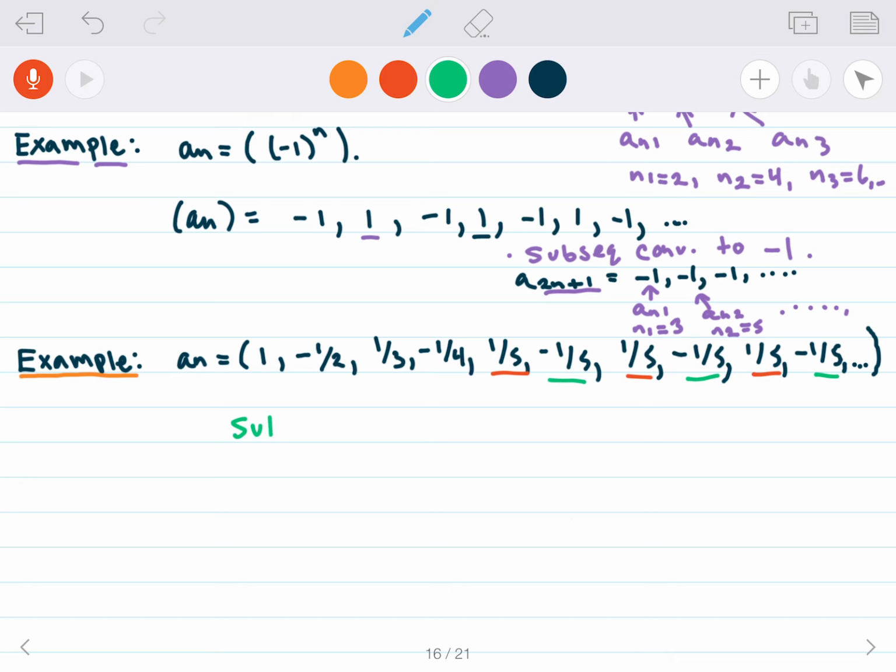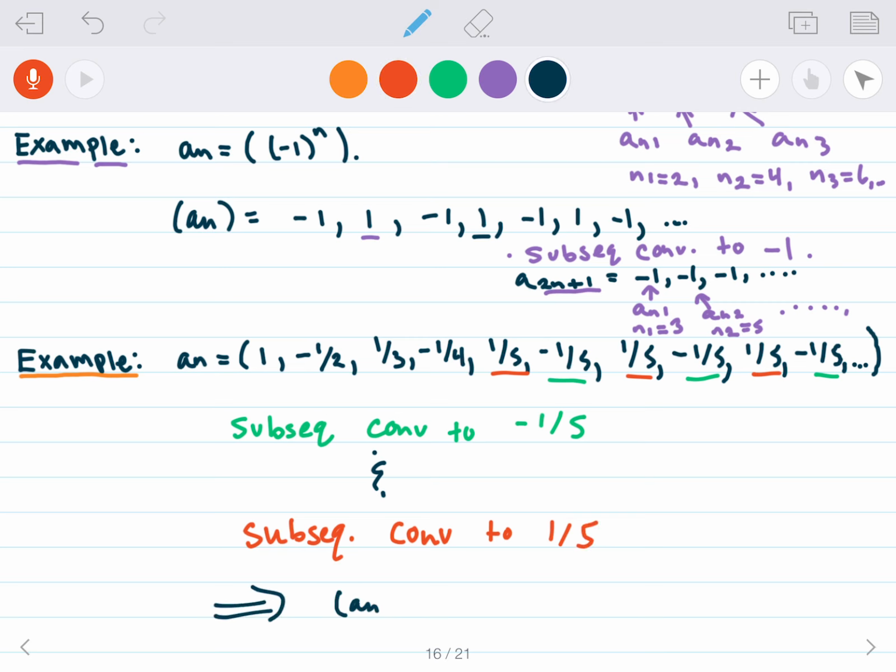So this means that the whole sequence diverges.